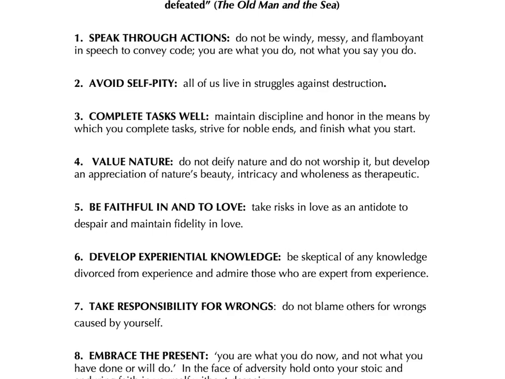Okay, to review some of the code principles that find their expression in Robert Jordan throughout the novel and some of the other characters, Pilar and Anselmo and others. But just a quick review here. Speaking through actions, right? Convey what you believe by how you act, not by what you say. Avoiding self-pity.